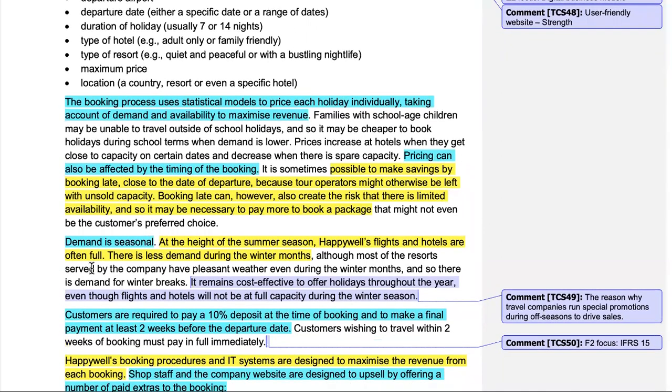And as I told you earlier, demand is seasonal, and because of that, it remains cost effective to offer holidays throughout the year, even though flights and hotels will not be at full capacity during the winter season. So this is the reason why travel companies run special promotions during off seasons. Why? To drive sales and bring up the capacity of the company.